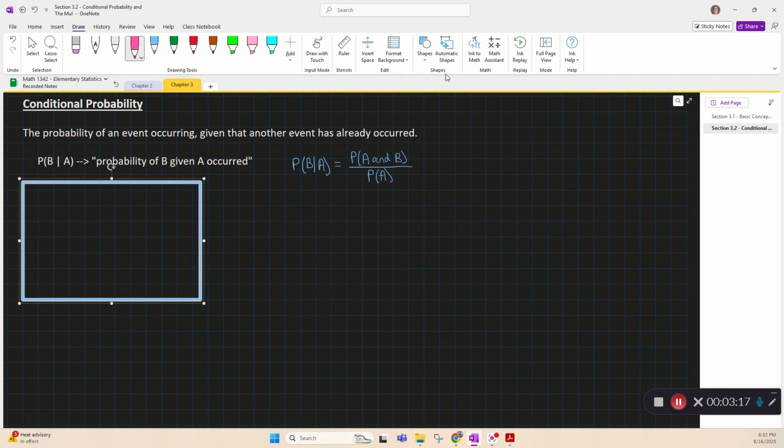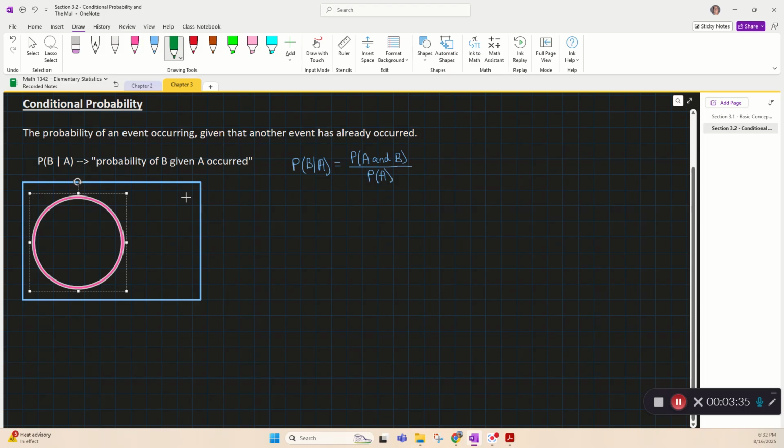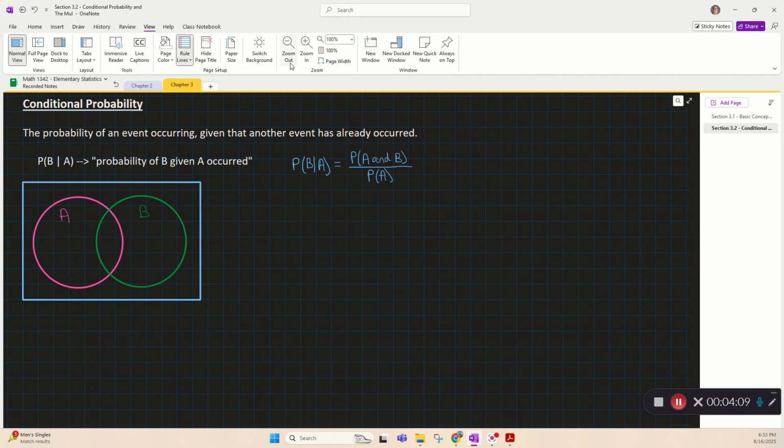Okay, so there's our sample space, and this is going to be event A, and then let's do event B. So if this is A, and then the green circle is B, the probability of B given A is, let me change this to switch background.